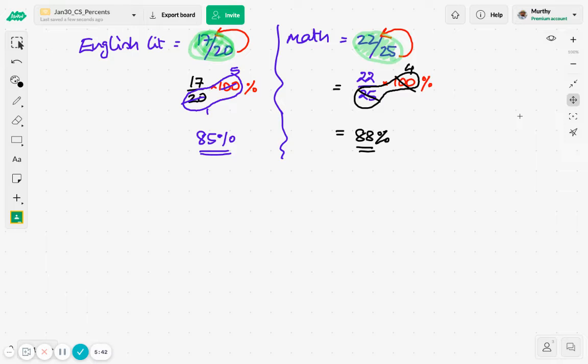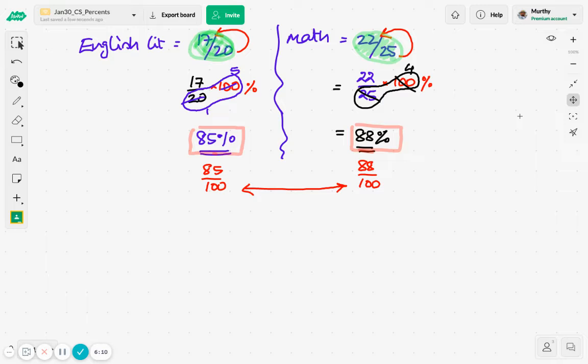But when you converted these two values into percentages, how can you say that this is really authentic? Because when I say 85%, it is 85 over 100, and here 88 over 100. Both have the same denominator, therefore I can say that it is accurate to compare.